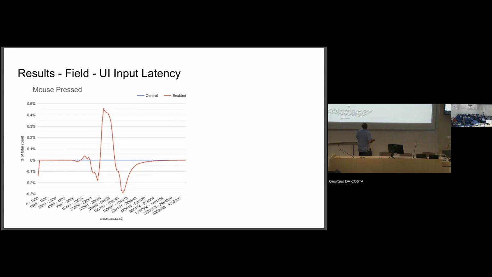Okay, so this is showing the mouse pressed in slightly different ways. The 0 line here is CFS, which is the control, and the red line is EEVDF, and this shows how EEVDF changed compared to CFS. Down here shows the actual latency.